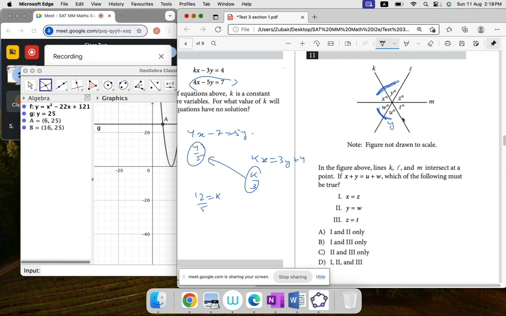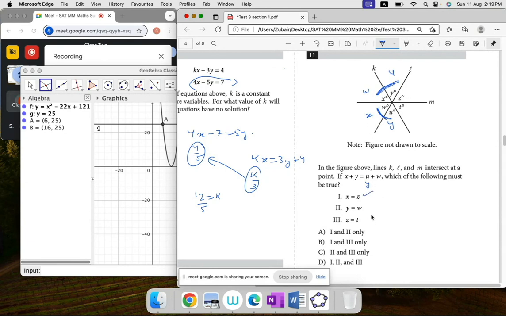It's already given that x plus y is equal to u plus w, and if y is equal to u, vertically opposite, x is equal to w. So this is equal and this is equal. This could be u and this could be w. And x could be equal to z, not necessarily. X could be equal to z, yes, I can see that.